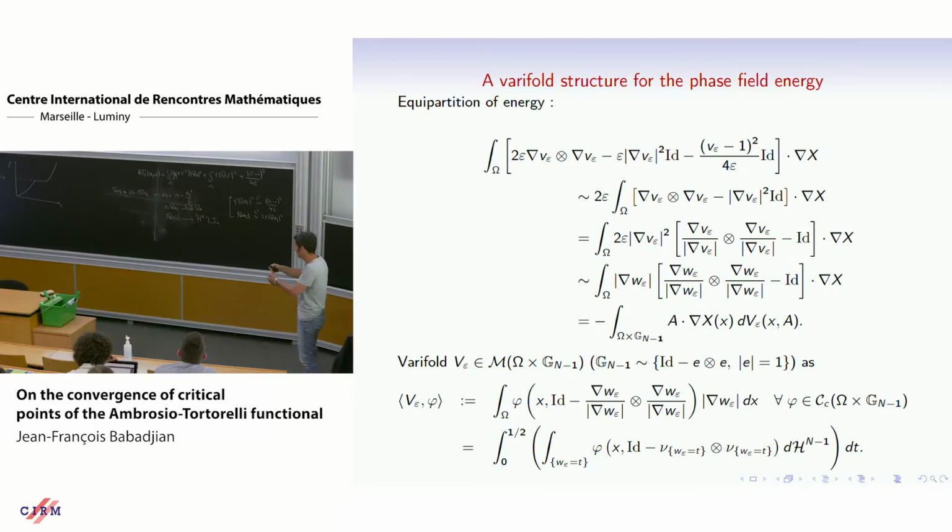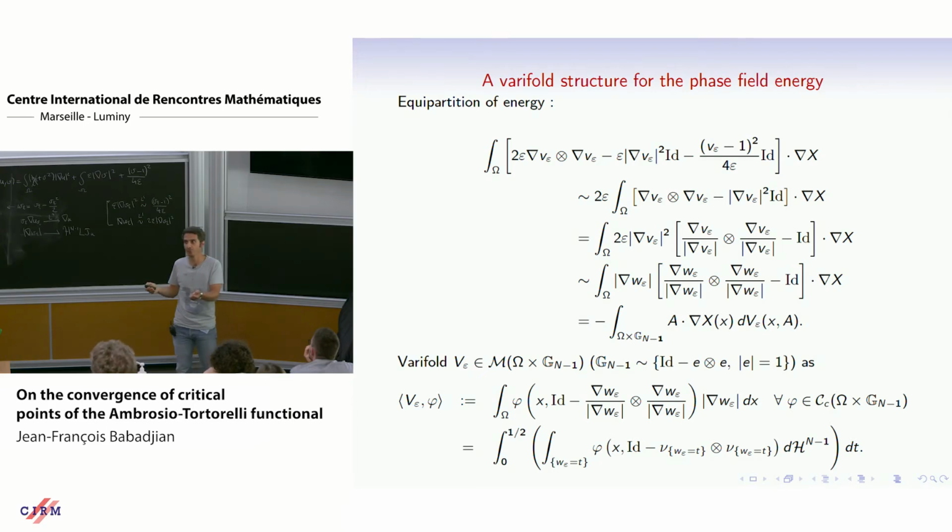When you have a set, you can associate to this set the measure concentrated on this set. Think of a smooth surface: you can identify this set to the Hn-1 measure carried by this set. But when you want to recover information at order 1, it is also natural to encode information on the tangent plane to this set at every point. And this is what makes a varifold.